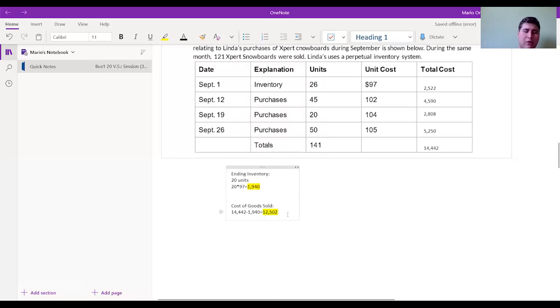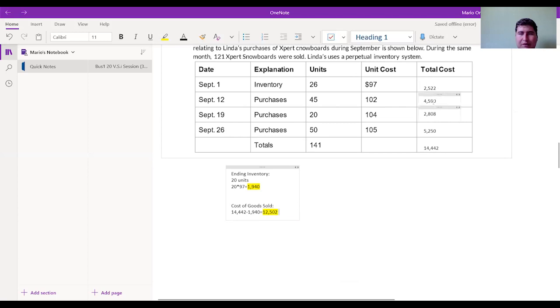And again, we can do the whole process of going through each and every layer to check. But at this point, I think you understand how that whole process would go. We'd go from layer to layer. In this case, we'd start at the bottom. We'd use those 50 units at 105, and then these 20 units at 104, then 45 units at 102.